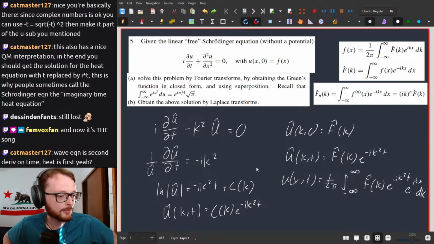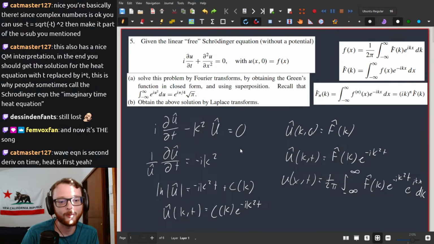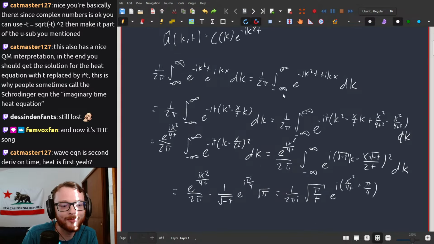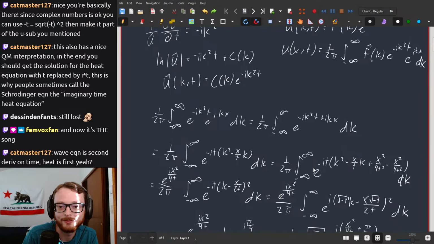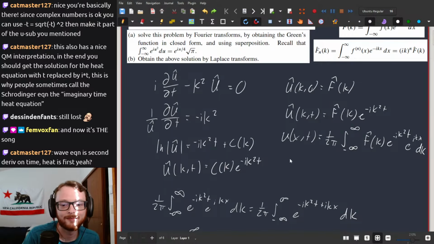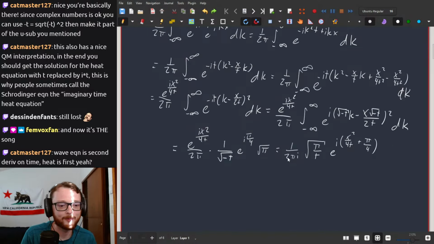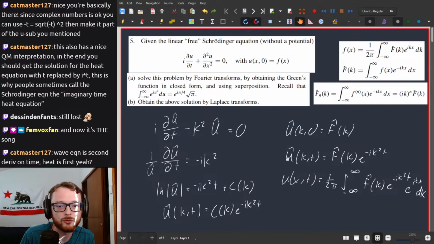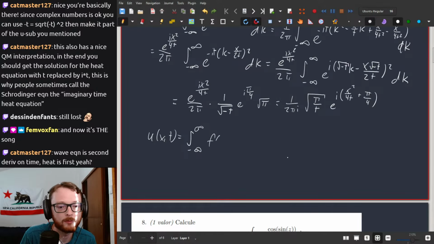Yeah, I want to close this problem out because this is just all this was so we could do the convolution. Okay, let's at least write that piece out. So u of x t is the convolution of our initial condition, f of x, and this stupid thing right here.